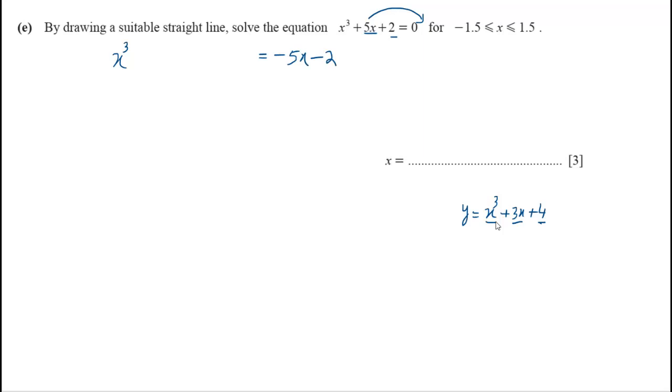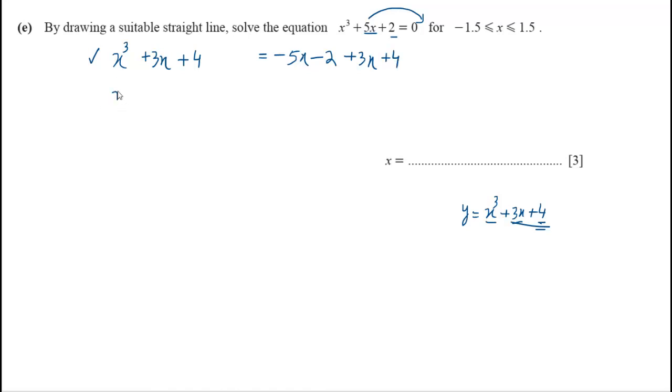Now just compare again. So here we have x cubed. That's good. But we should have 3x plus 4 here as well. So write 3x here and here, both sides. And plus 4 here and here, both sides.